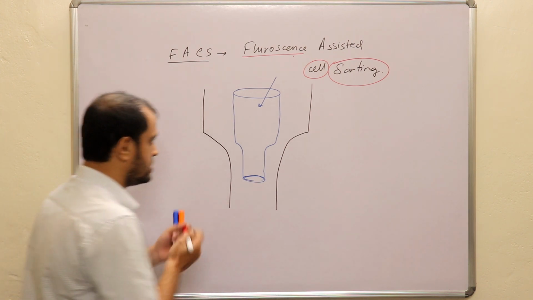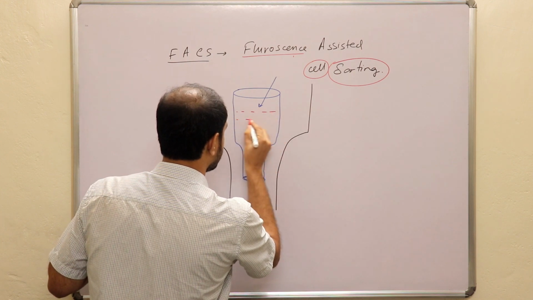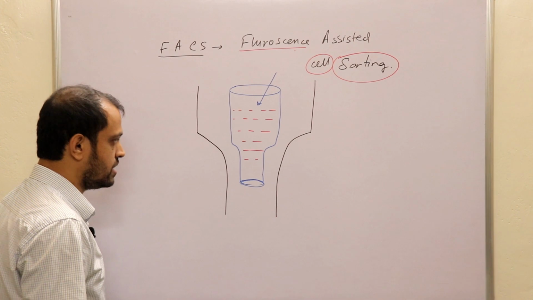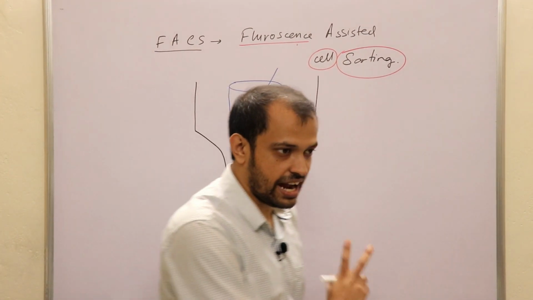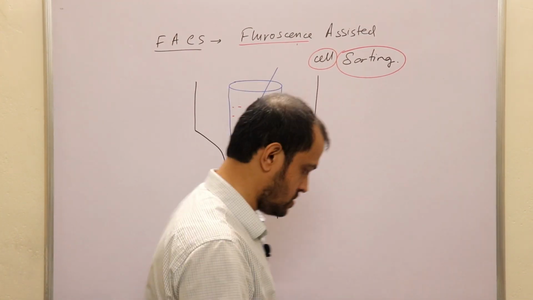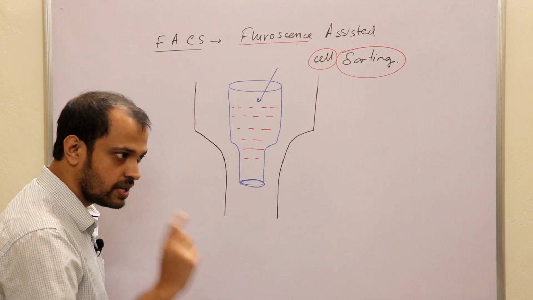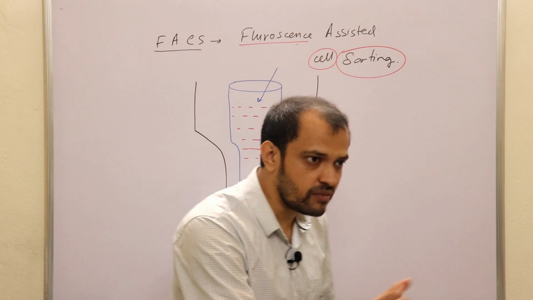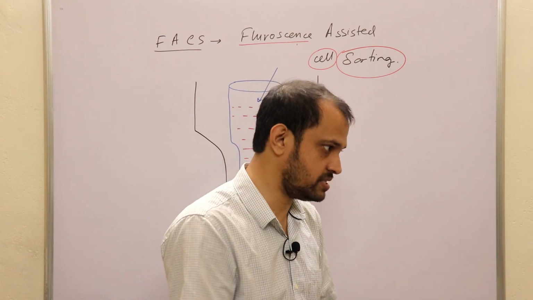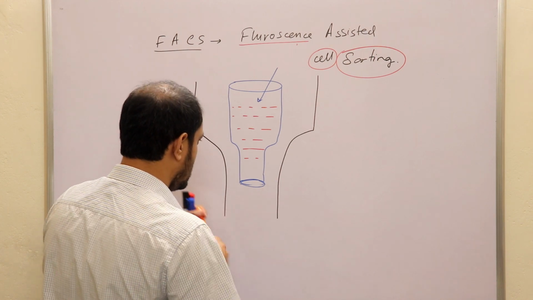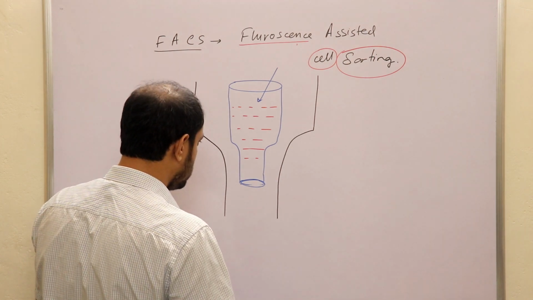Suppose these are the fluid which you have injected. Now, two components I will add here. One is a charged tube. Another is a simple vibrator.